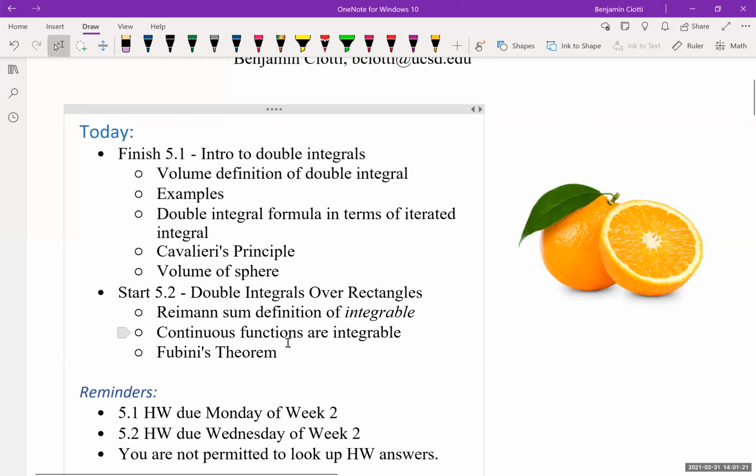And here you can see a schedule for today, things that I want to talk about. Anyone have any questions on anything before I get started?